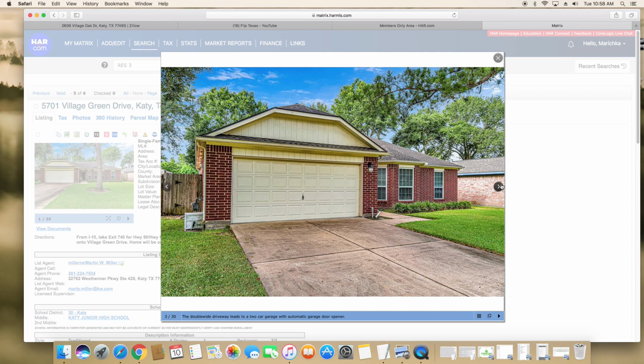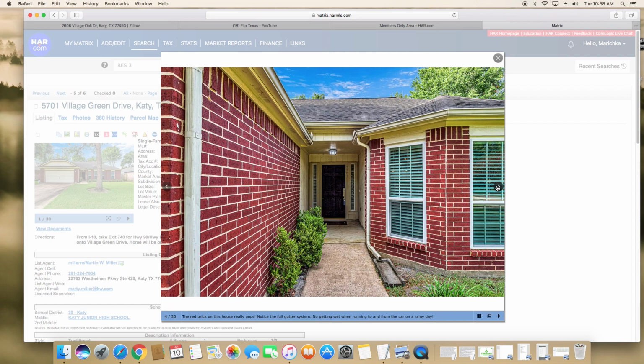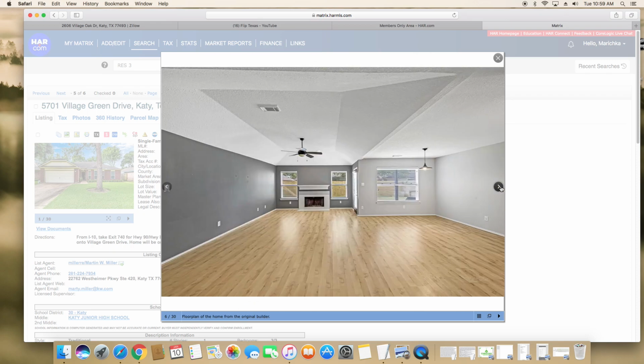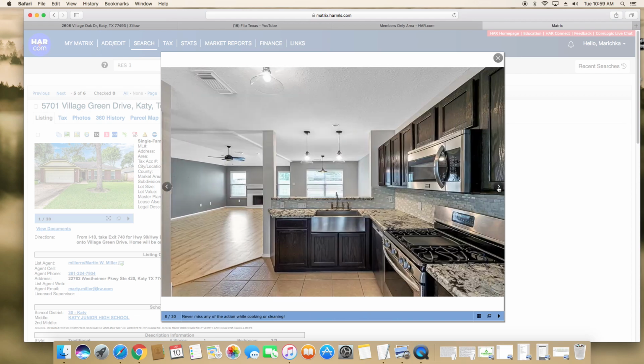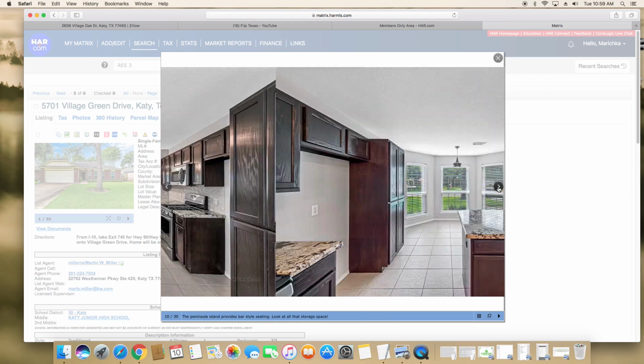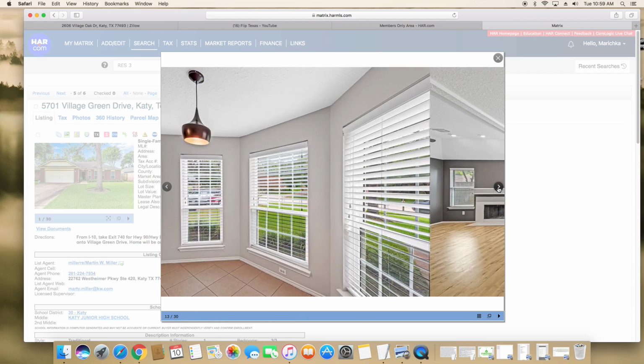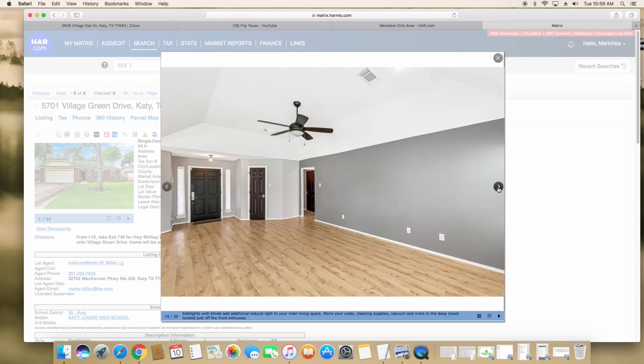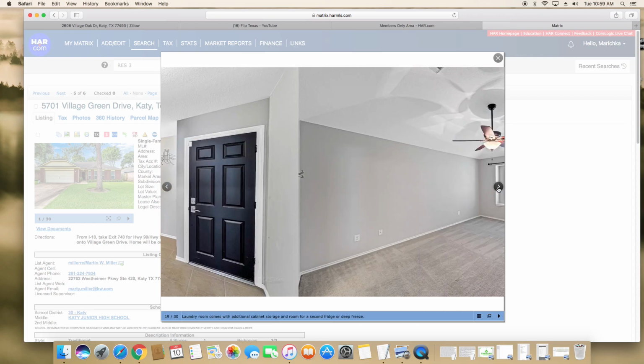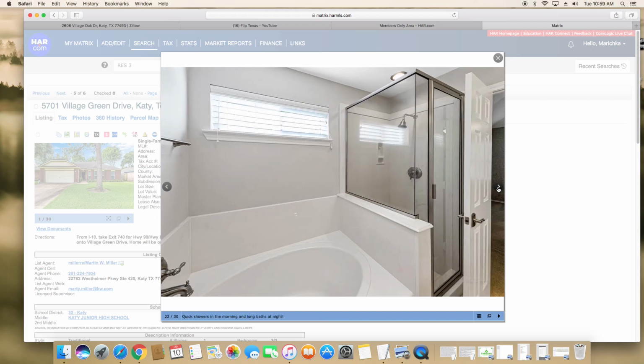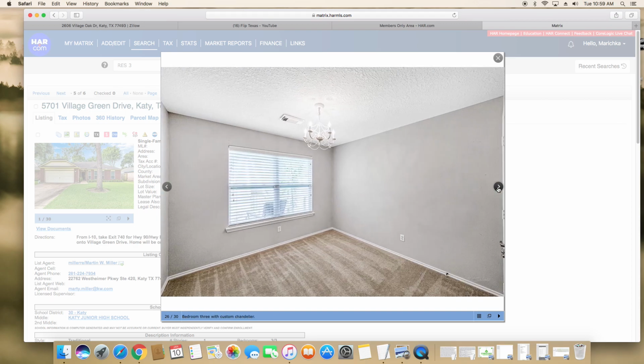Okay, so we always want to click on the comp and understand the condition that this one was in. So we see some pictures here. Wow, it's very nice, good condition. I see some of the flooring doesn't match, but it's in really good condition. Bathrooms are pretty nice.